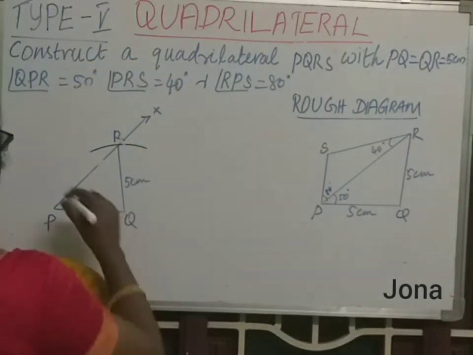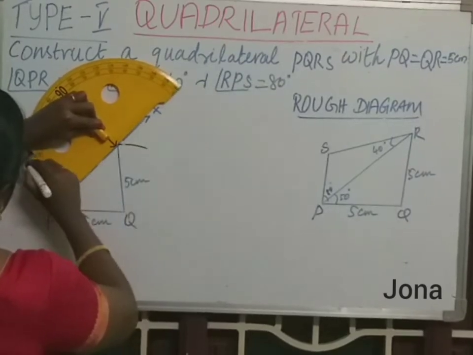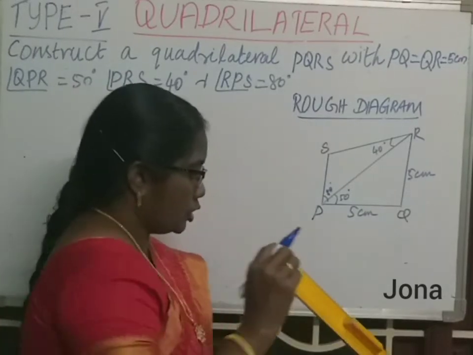So 40. Now we have to join these two. Join here. So name this as Y. This is 40 degree.